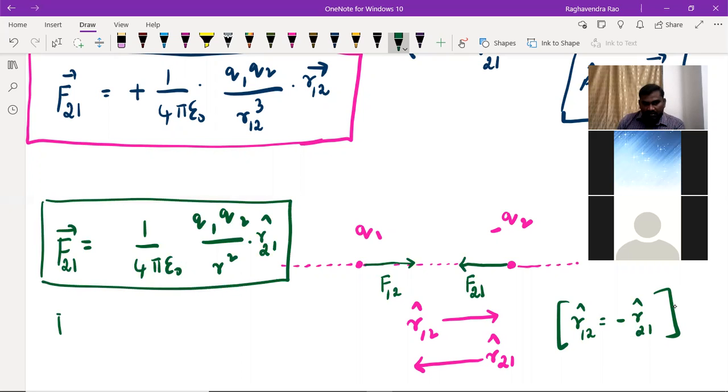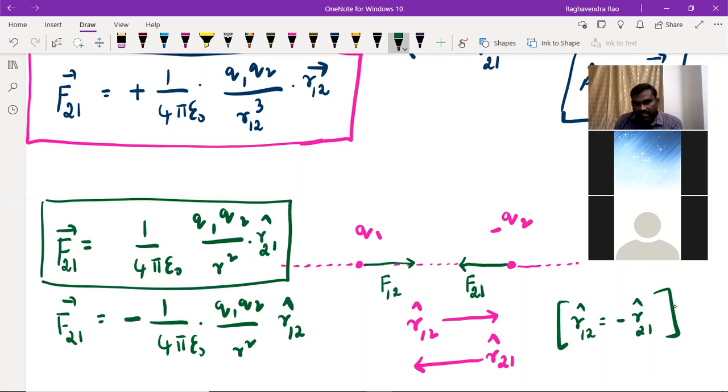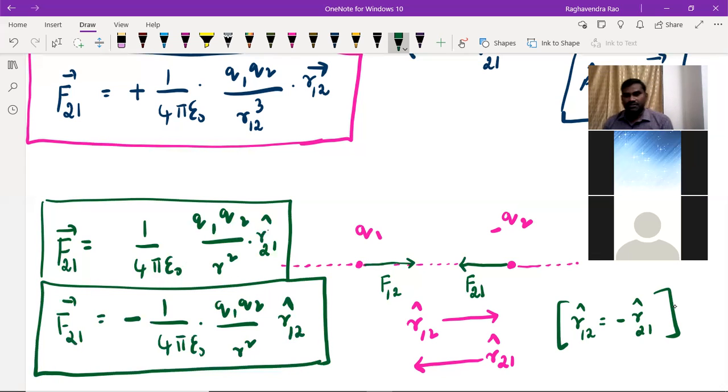Or otherwise F21 bar is equal to minus 1 by 4 pi epsilon naught, Q1 Q2 by R square into R12 cap, because in place of R21 cap we can substitute minus R12 cap. This minus represents that this is an attractive force.